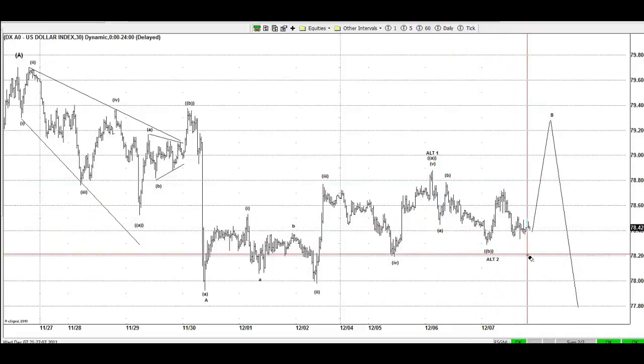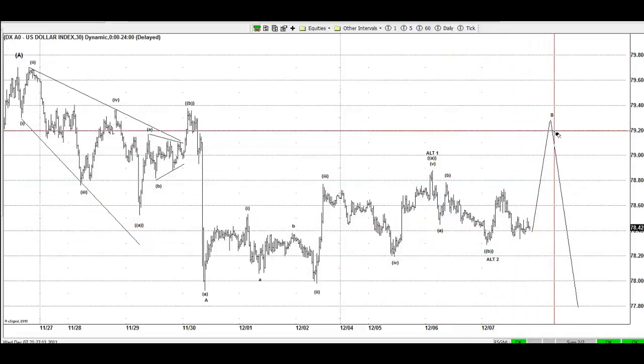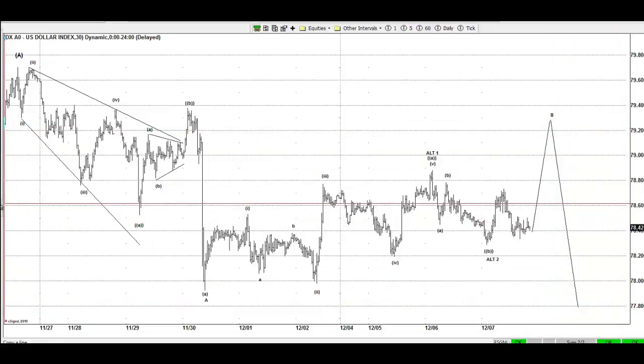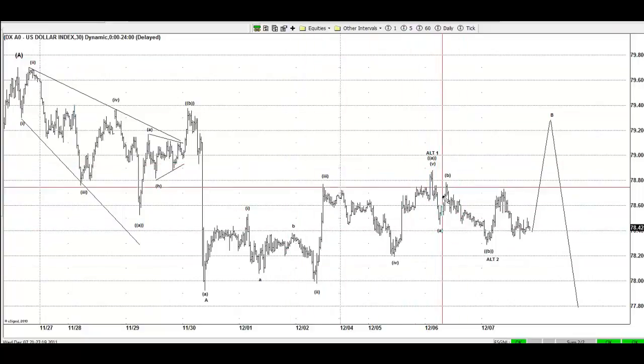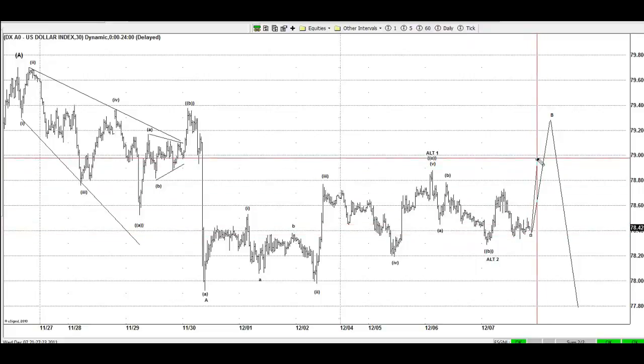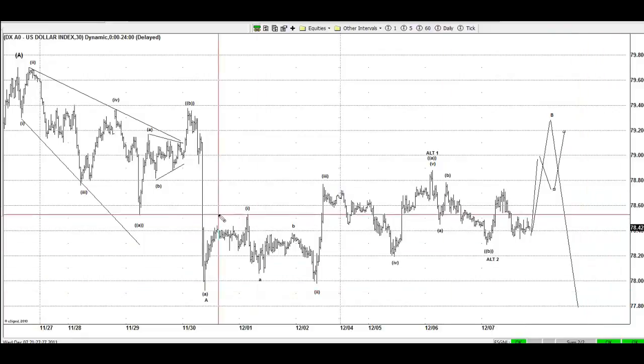No matter what, the dollar should get strong and should get to 79, 79.20 before going lower. So, technically speaking, the dollar can do a 5, 3 that ended here, and then a move to 9 like this and lower.